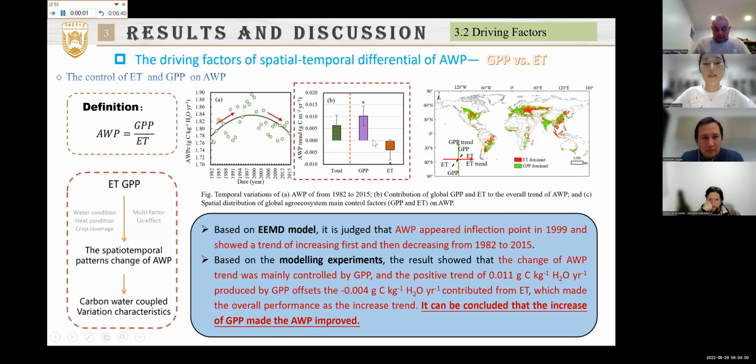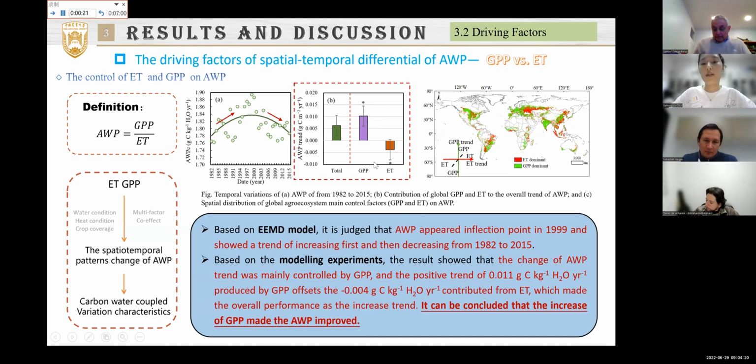In the second part, we discussed the driving factors of spatial temporal variation of AWP. First, based on the EMD model, it's judged that AWP appeared at an inflection point in 1999 and showed a trend of increasing first and then decreasing.